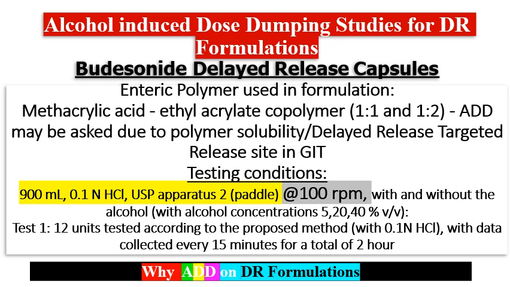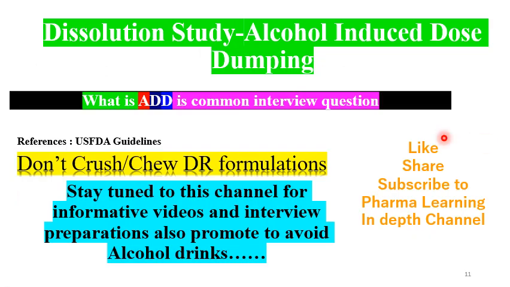See, the speed of paddle is generally 50 rpm, but here apparatus 2 is used at 100 rpm with and without alcohol. Alcohol concentrations are 5%, 20% and 40%, and the requirement is similar to the other products, like 12 unit data to be generated with the proposed method, and data is collected every 15 minutes for a total of 2 hours. So this is regarding the delayed release formulations.